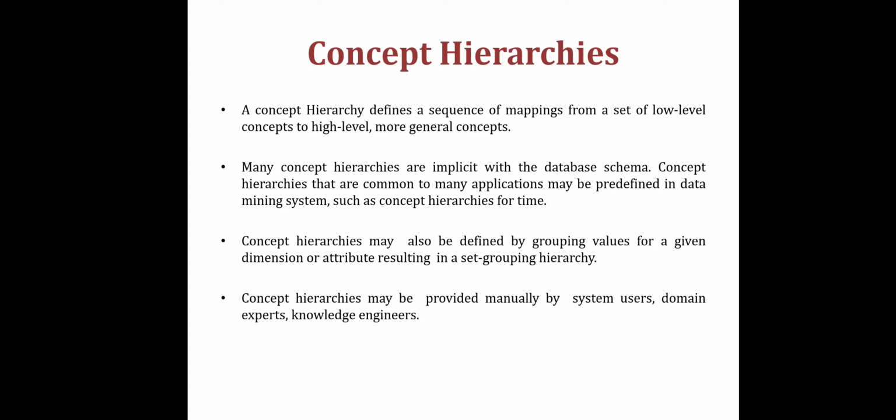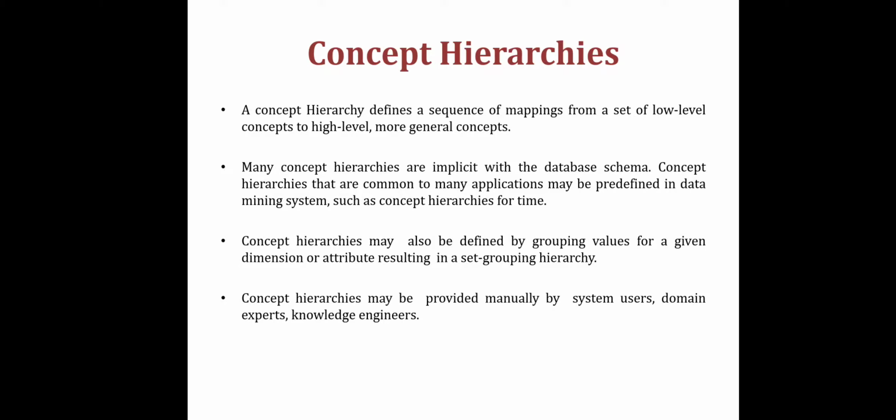For example, whenever I am giving my address with the street, I can represent that street address with the state address. In this way, from street to state, we are going from low level to high level.